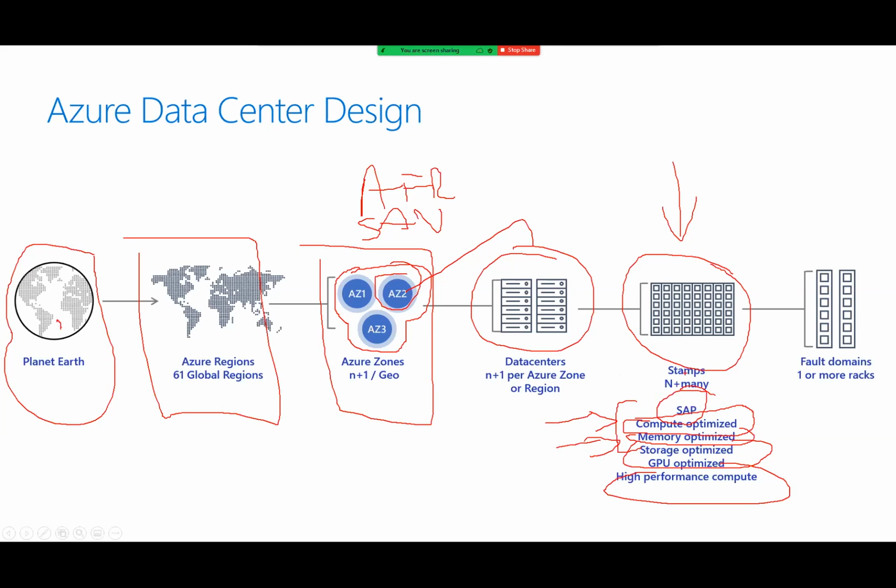Then within a stamp and within a data center, we have a fault domain. Now, a fault domain is a rack on its own. So every rack is a fault domain of its own, and we plug power, cooling, and networking onto each rack. And anytime you build your environment, you build it with fault domains in mind, and availability sets in mind, and then availability zones in mind.